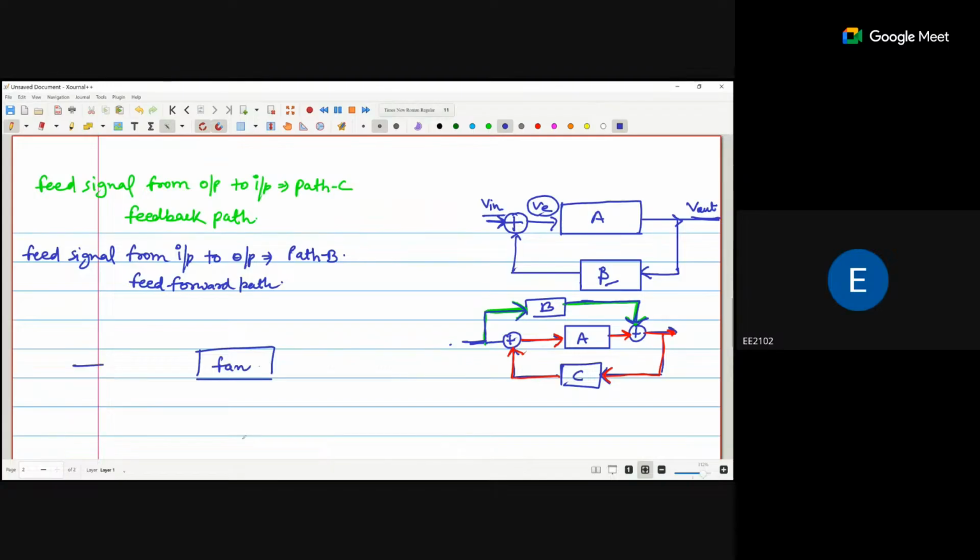The output feedback of that is used to control the speed of that fan.